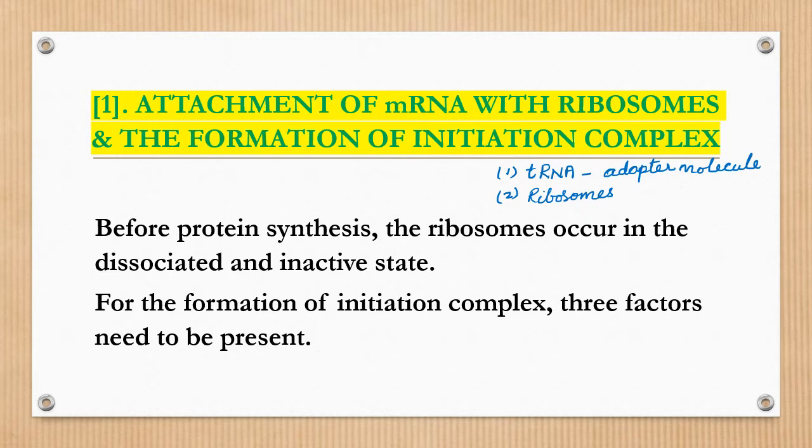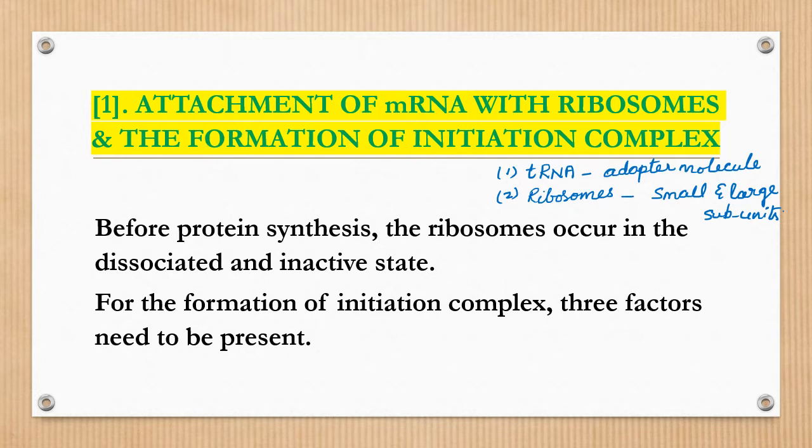In the structure of ribosomes, we discussed that ribosomes are made up of two subunits, small and large subunits. These subunits are dissociated and in an inactive state.